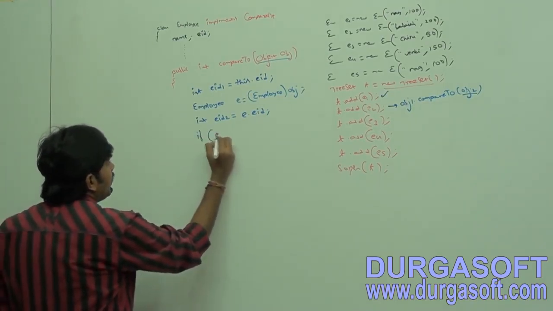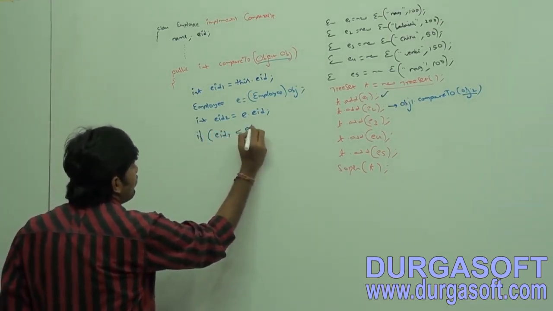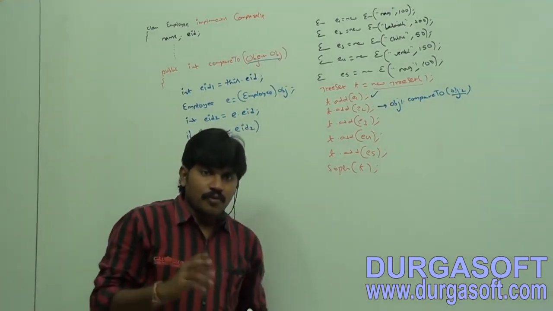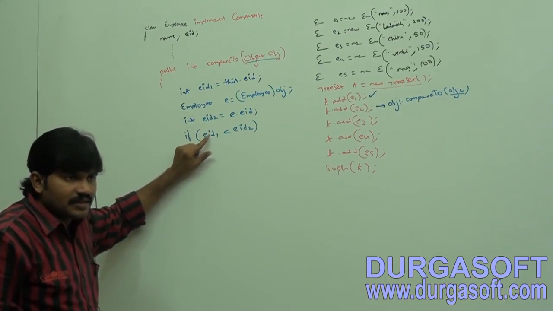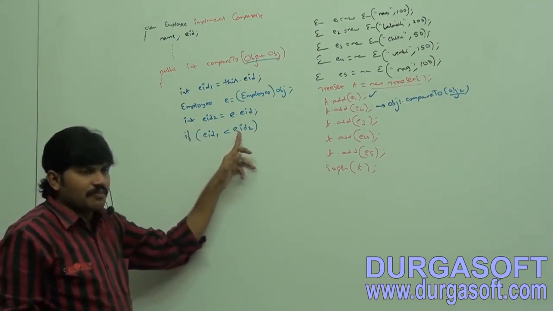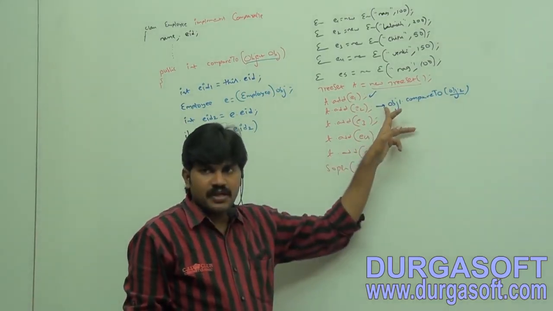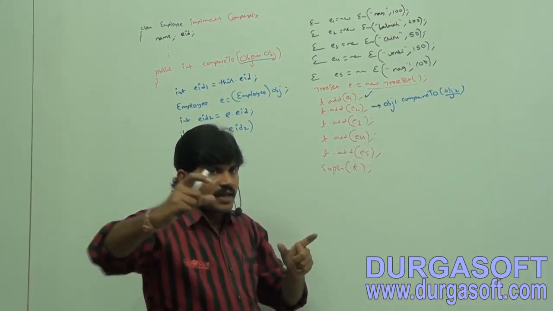Compare these two IDs. If eid1 is less than eid2, the first object's employee ID is lesser than the second object's employee ID. So the lesser employee ID should come first, because usually it is ascending order of employee IDs.